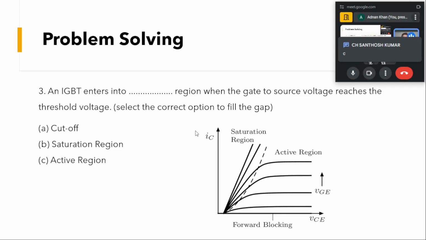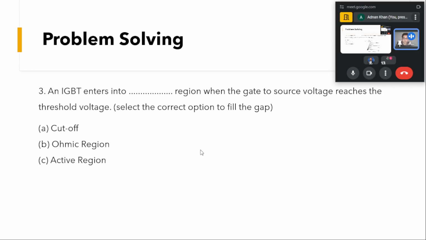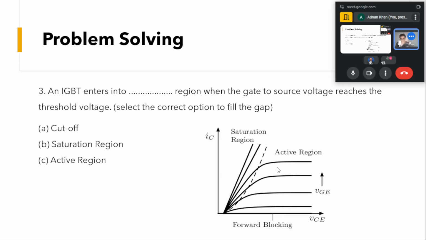So here you can see we have three regions. Sorry, it is not ohmic region, it is saturation region. We have the three regions for the IGBT, as we saw in the characteristics. We have the forward blocking region or cutoff region; forward blocking is also known as the cutoff region. Then we have the active region and the saturation region.